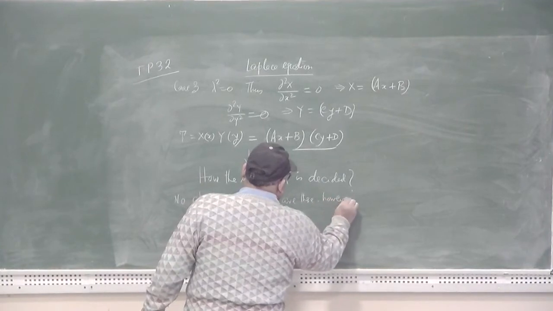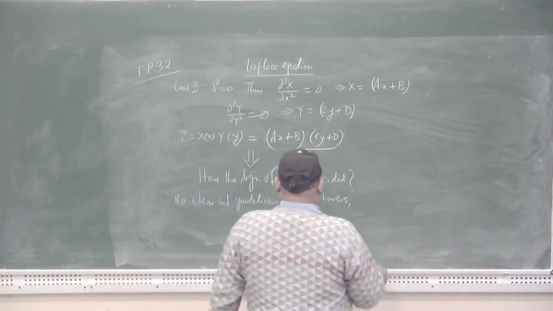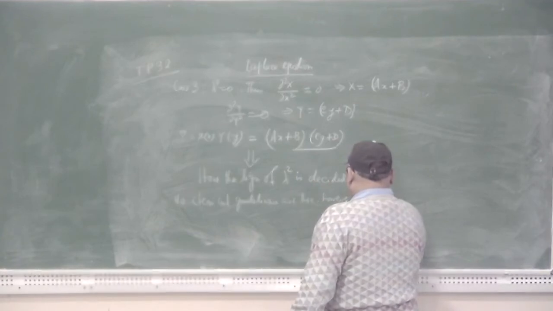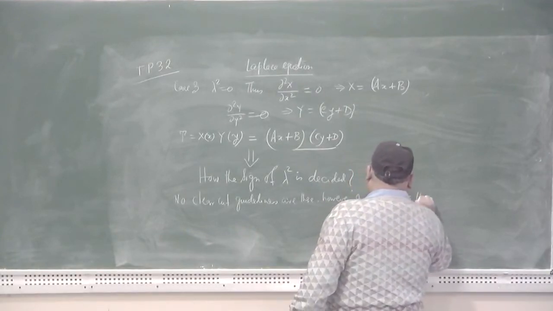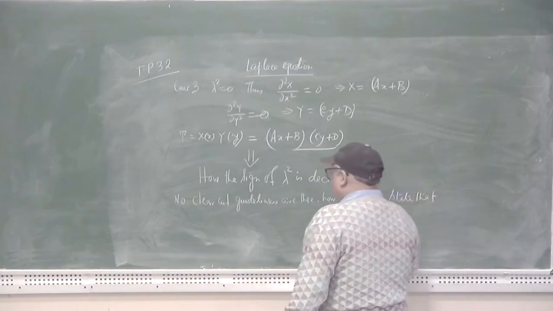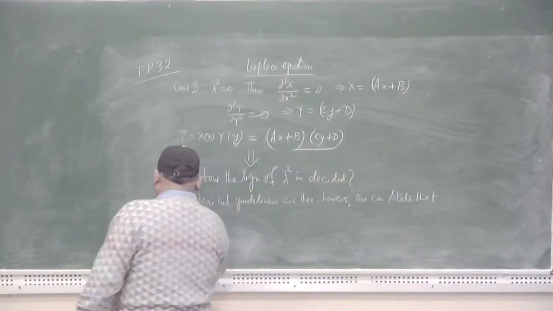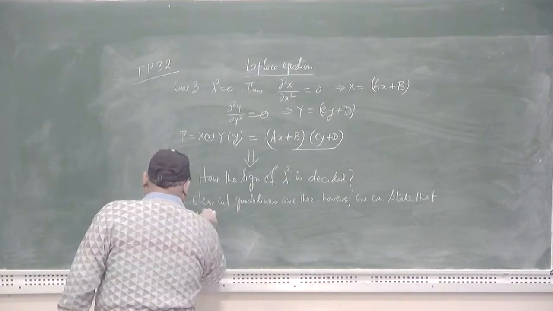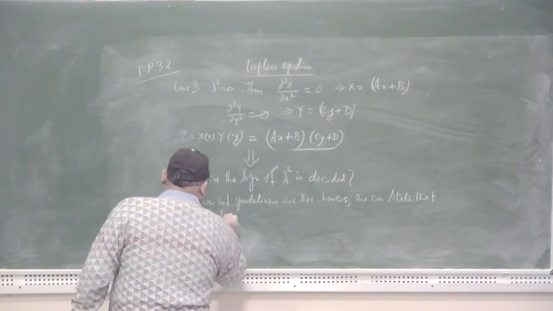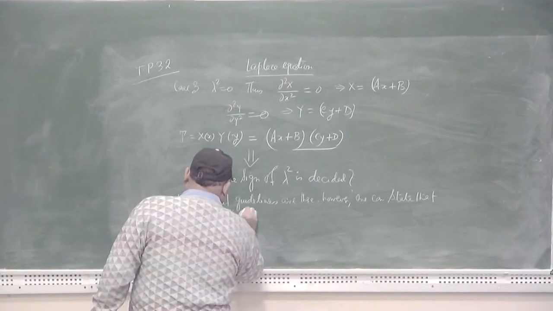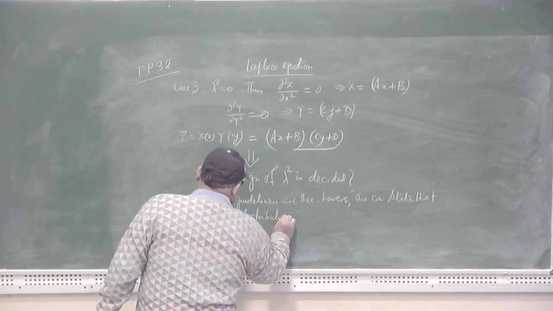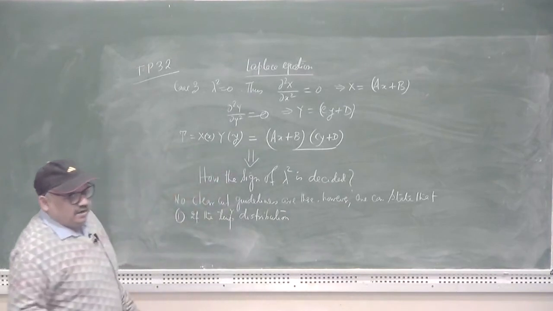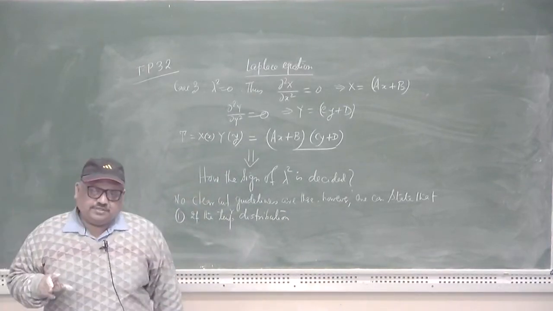However, one can state that number 1, if the temperature distribution is given along x boundaries, then lambda square should be taken as negative. I will solve a problem also in this class.